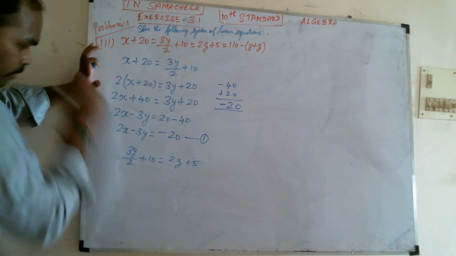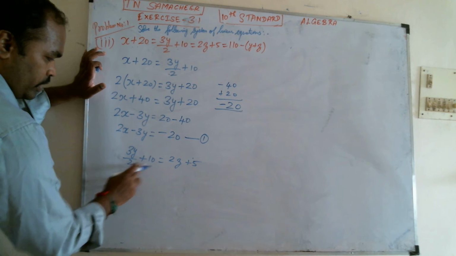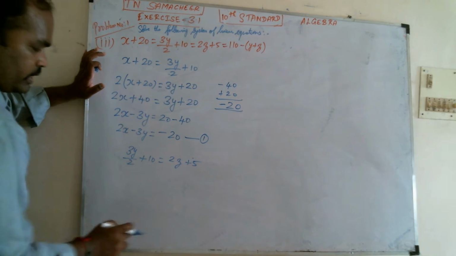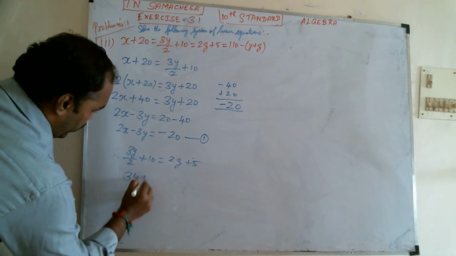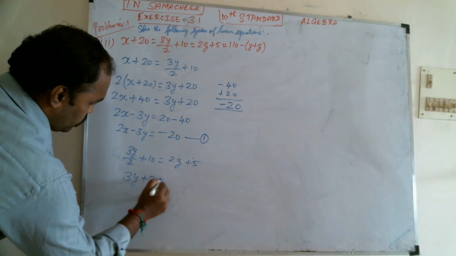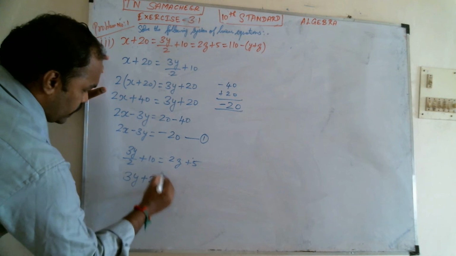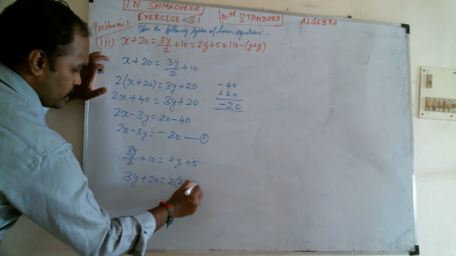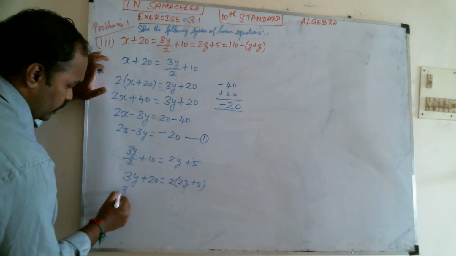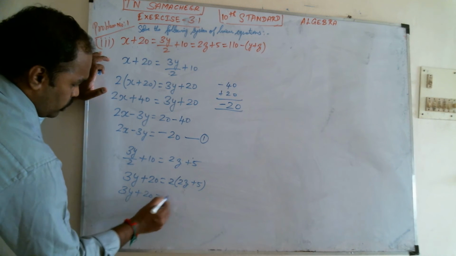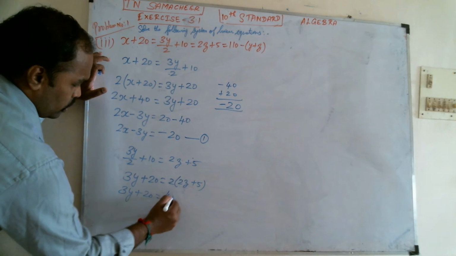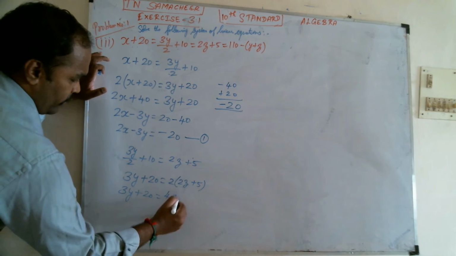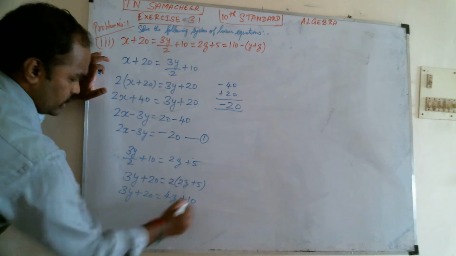So we need to multiply 2 into 10, and this 2 we also need to multiply here. 3y plus 2 into 10, 20. 2 into 2z is 2 multiplied by 2z, 4z, plus 5. 3y plus 20 equal to 4z plus 2 multiplied by 5, which is 10.